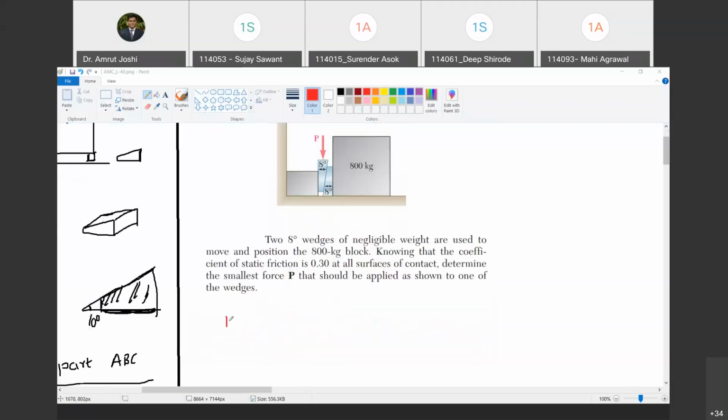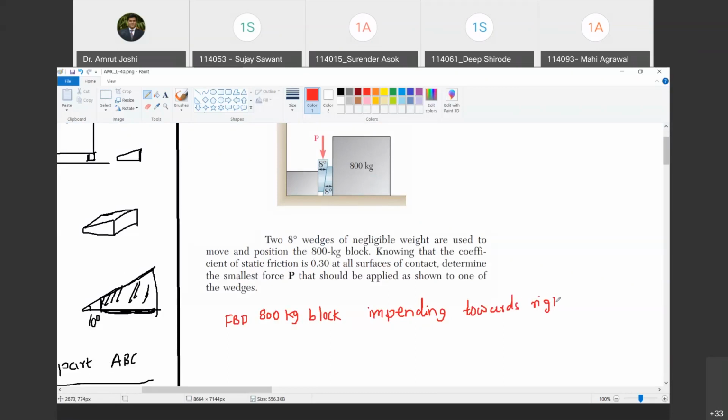How does the FBD of the 800 kg block look like when it is on verge of motion towards right? Are you with me? Yes, sir. When its motion is impending towards right.